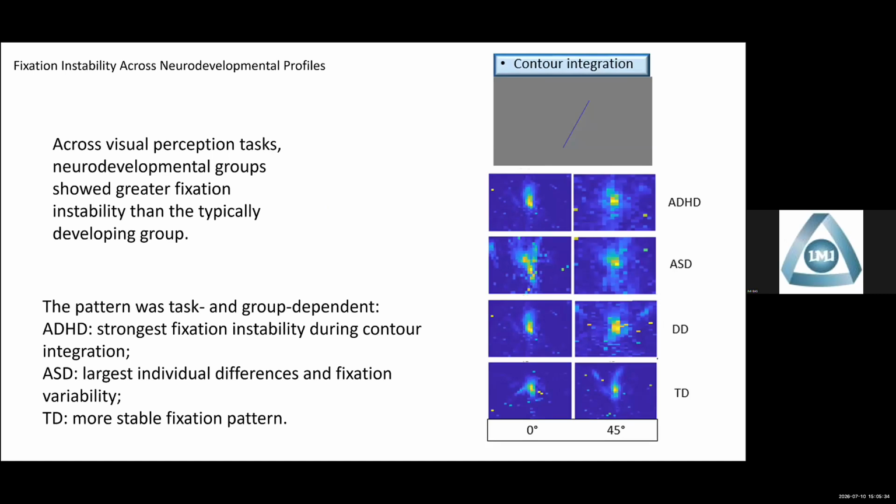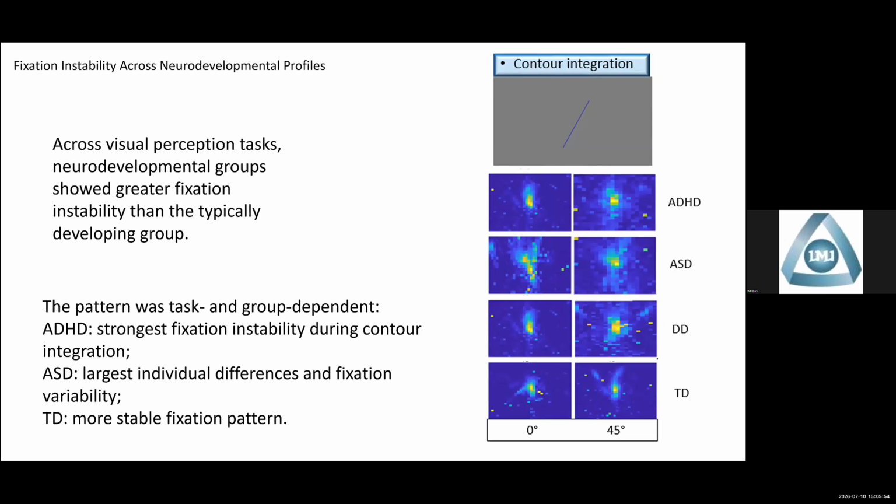What happened in contour integration, the group with autism spectrum disorder had the most variable data, intra-individual variations.